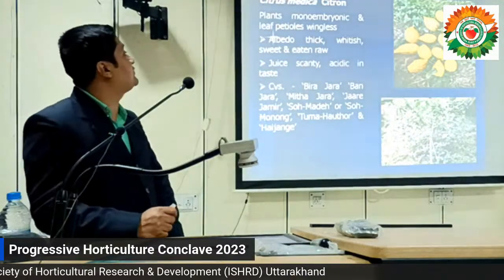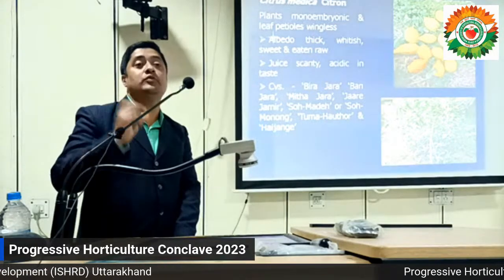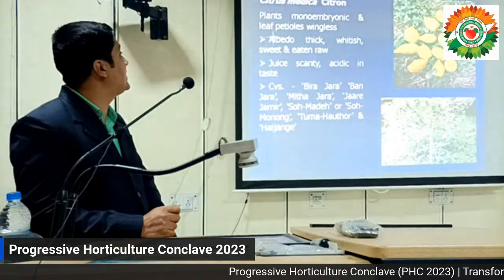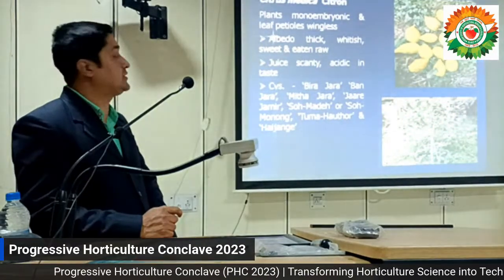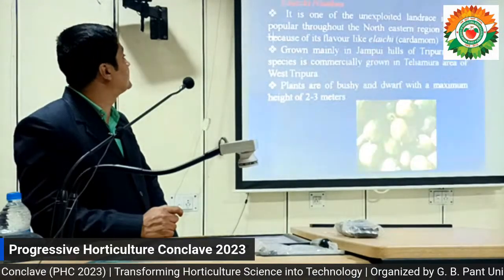Another important species is one where the albedo portion is edible. The albedo, or the spongy white portion, is very thick in this particular species, which is known as Citrus medica, and this species is also a good source of medicine. Different local cultivars are there in this northeastern region.